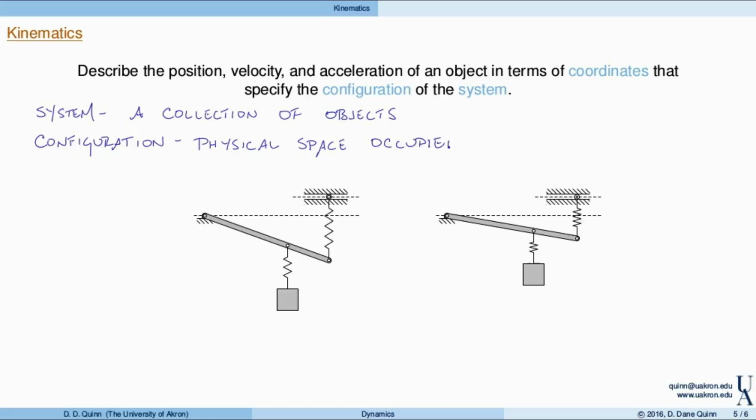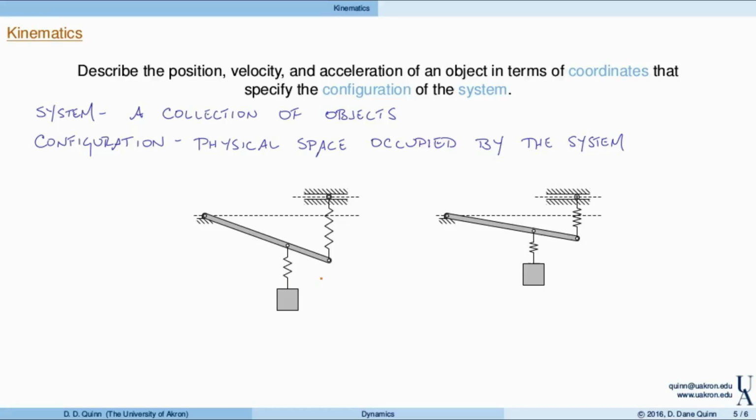Where are they in space? And so the configuration, if the system is moving around with velocity and acceleration, the configuration can change in time because the physical space occupied by these elements can vary.